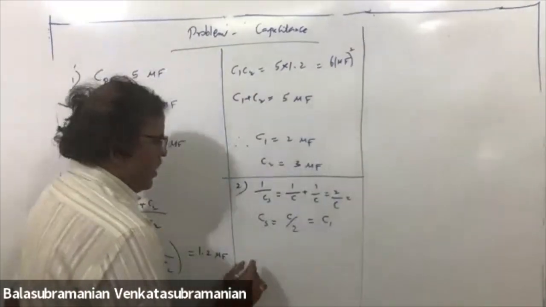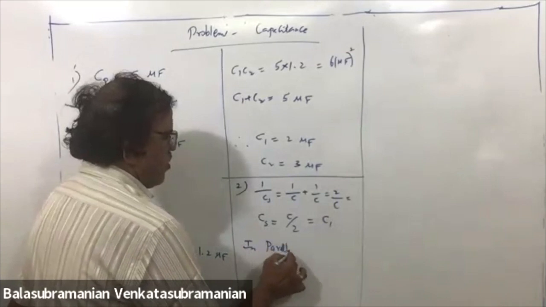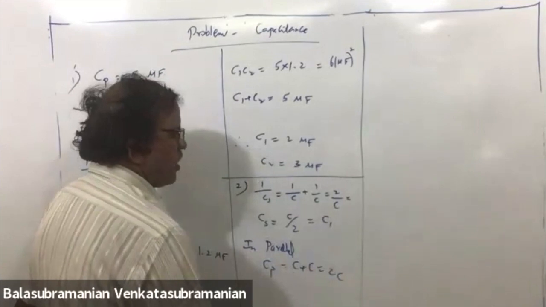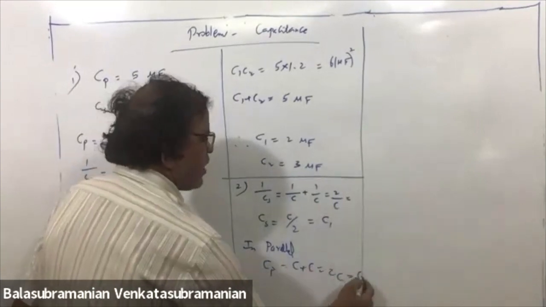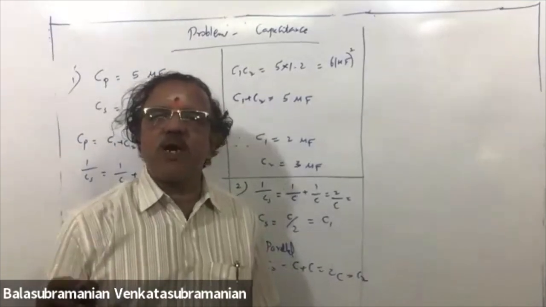Okay. In parallel, Cp is equal to C plus C, 2C. That is given as C2. Question is to calculate C1 by C2.